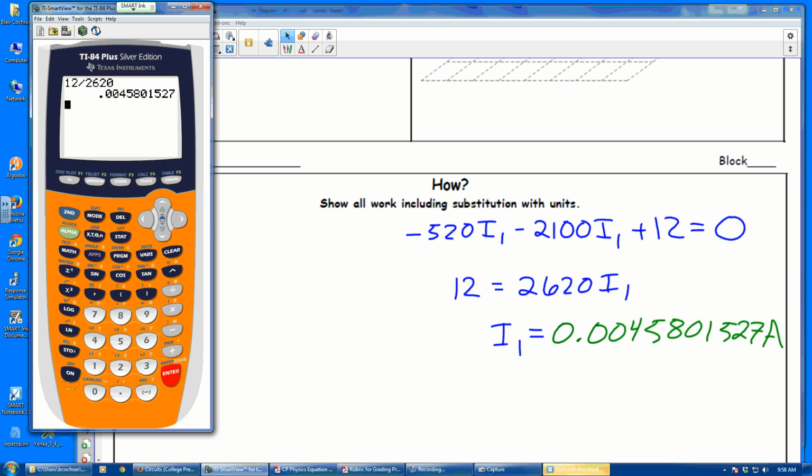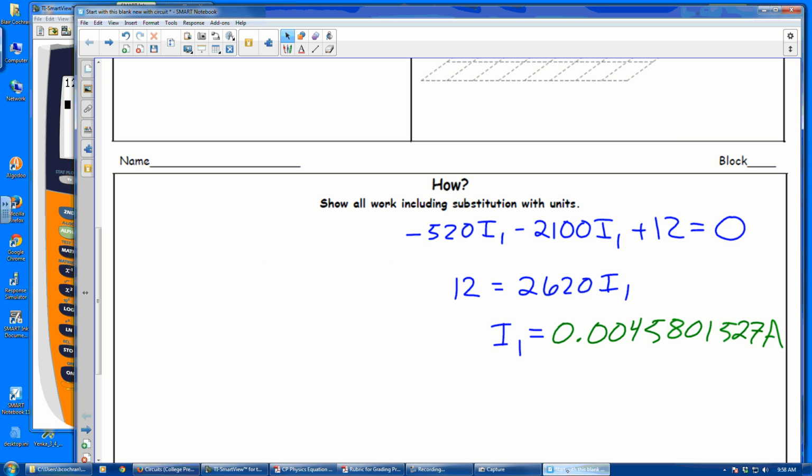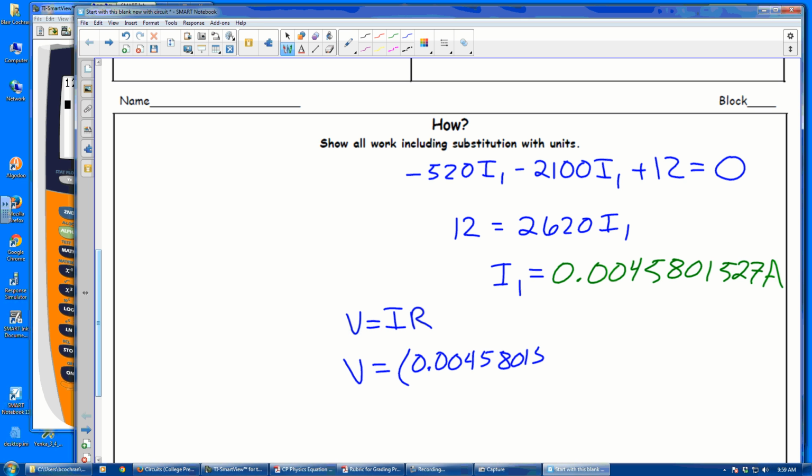And what do they ask me to find? Let's see. The voltage across the 2100 ohm resistor. So for that, I will use V equals IR. The voltage across the 2100 ohm resistor is the current, 0.004580157 amps times the resistance, 2100 ohms. Sorry, forgot my units.